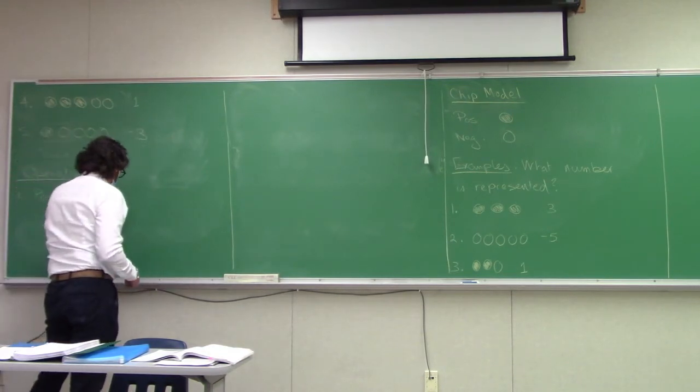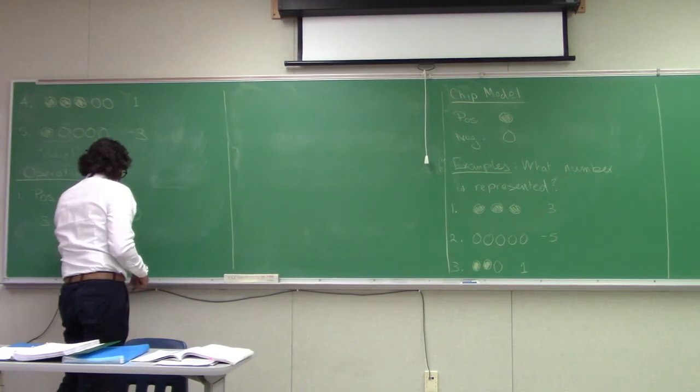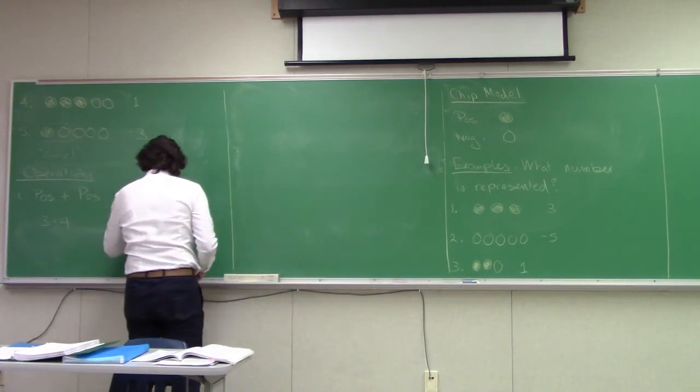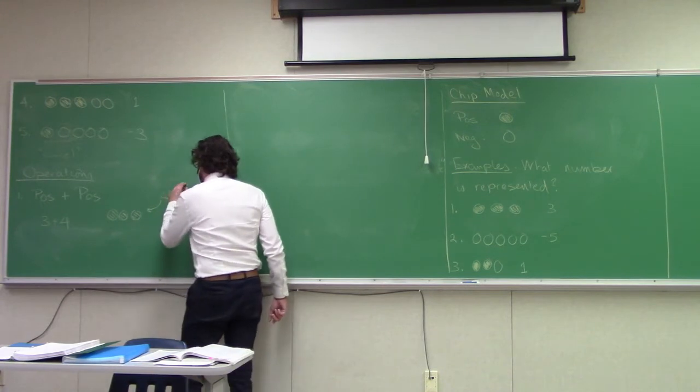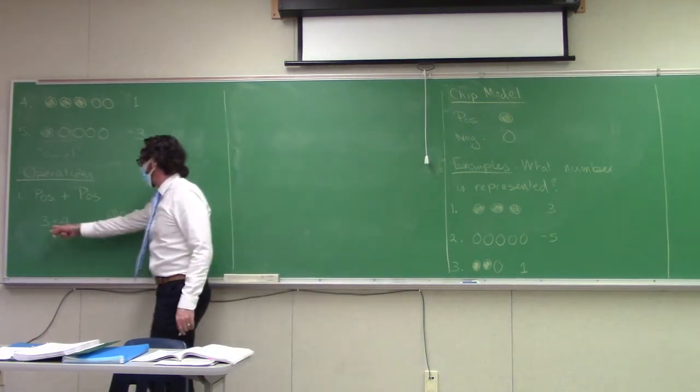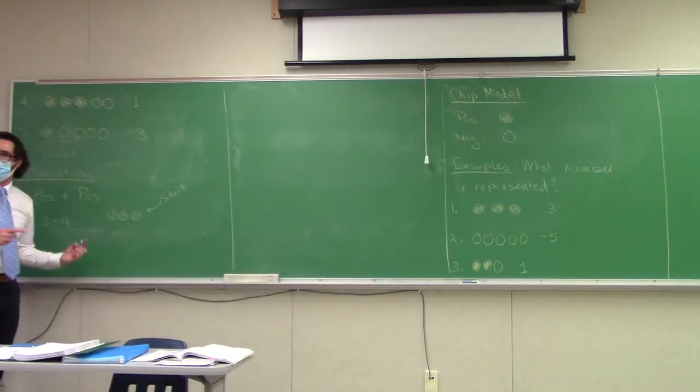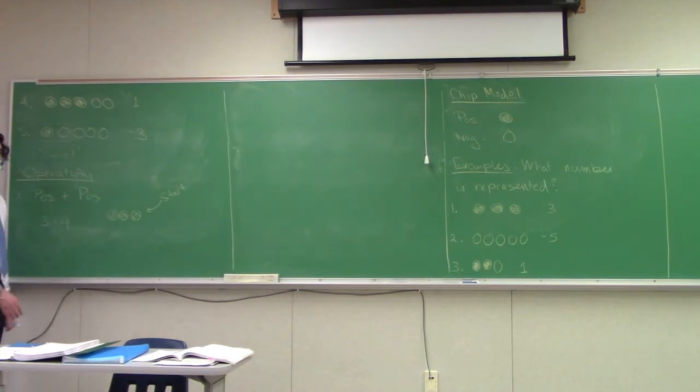If I wanted to model this, I would start with that, and then I would add, in other words, I would put on 4 more positive chips.